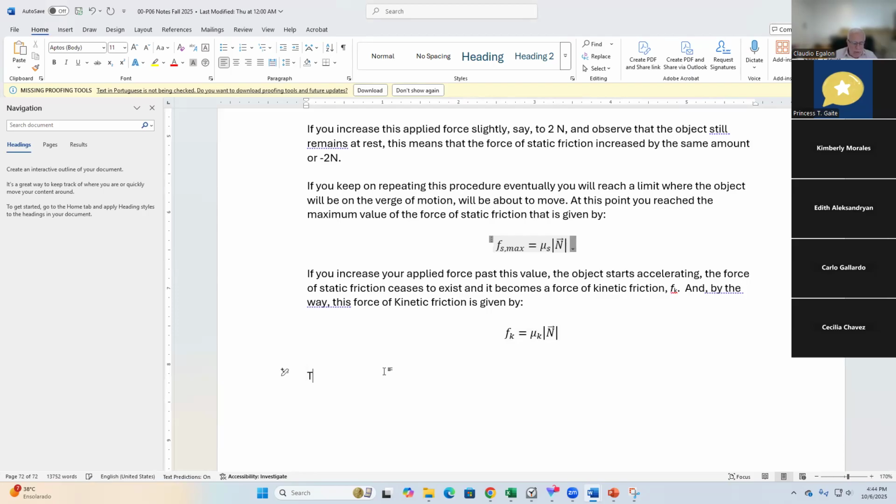These two coefficients, mu sub s and mu sub k, are called the coefficients of static and kinetic friction, respectively.